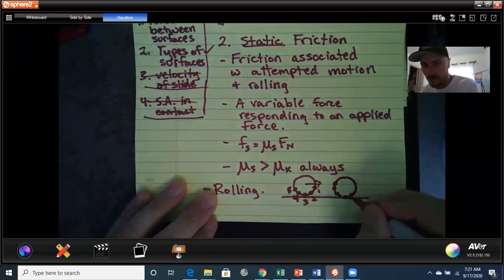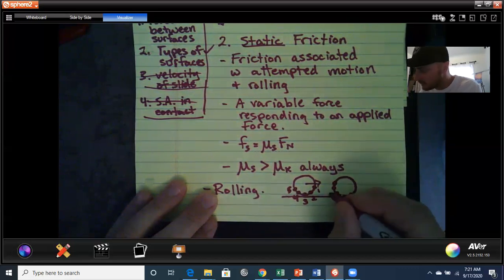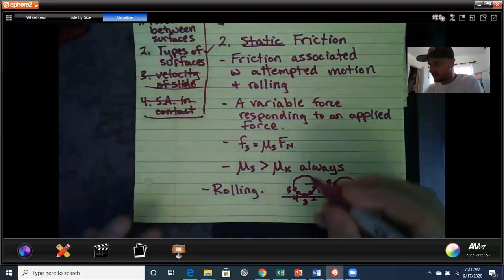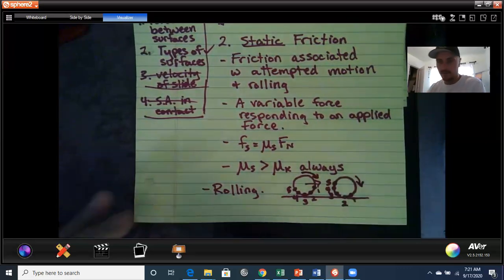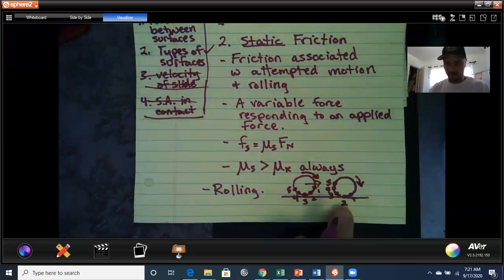Molecules 1 on the 1 slot are not touching. Which particles on the rolling object are touching the ground? The particles that are lined up with 2, 3, 4, 5. It just rolled. Maybe we should show like this. It just rolled. And now these particles are touching.